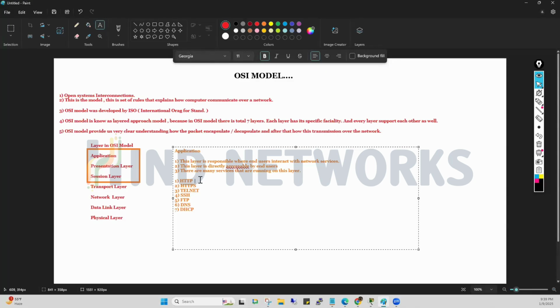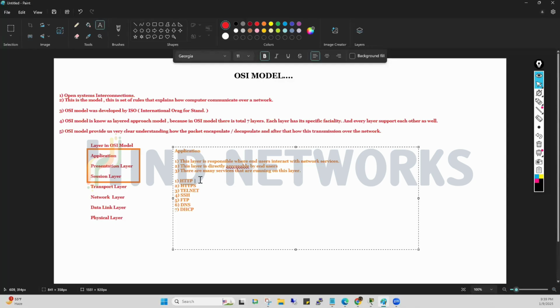Please remember, guys, for every application or every service which you are using right now, there will be a name, and that is called the port number. For every application, how do you identify it? We identify any application with the help of its port number.